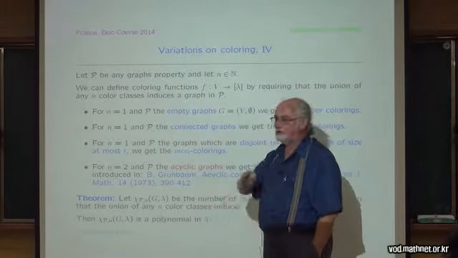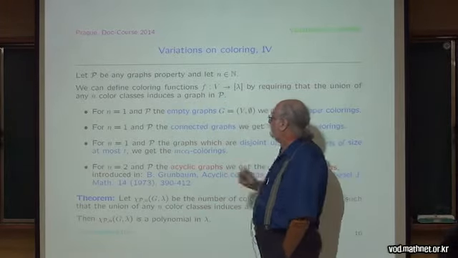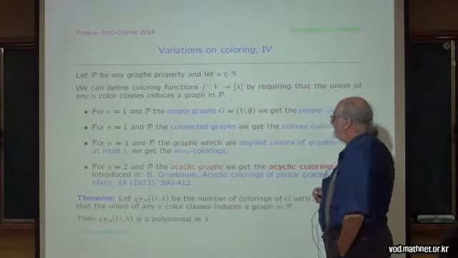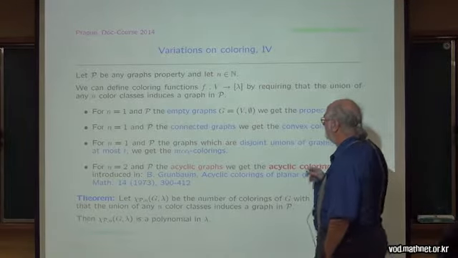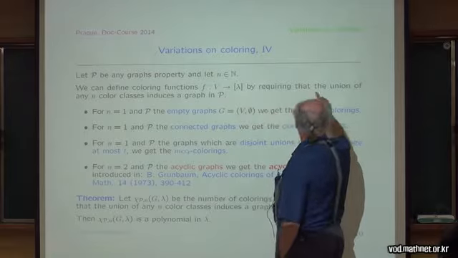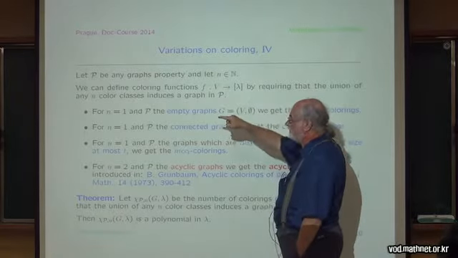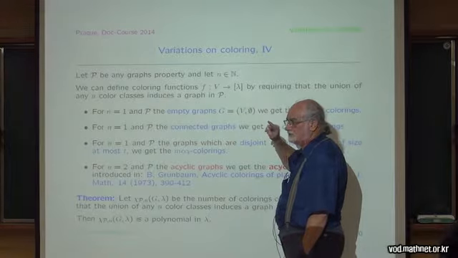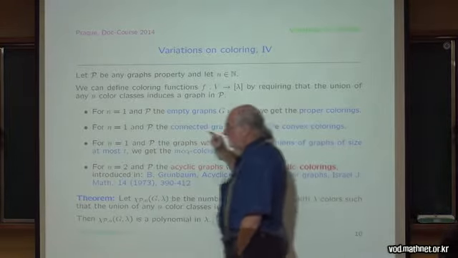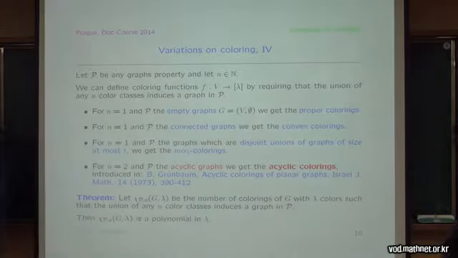You favor your property P. And then we look at the following. We define a coloring function where we request that the union of n color classes induces a graph in P. So in this case it is always the union of one.